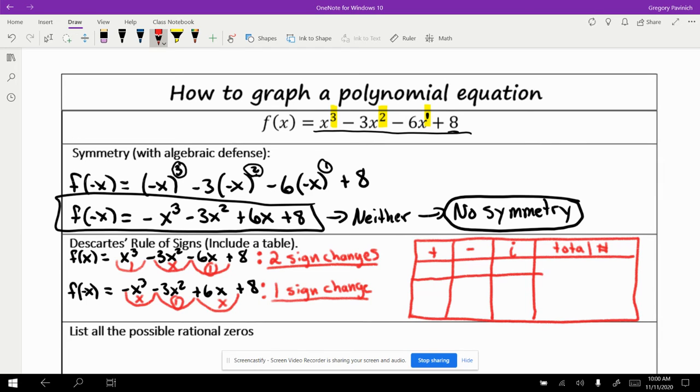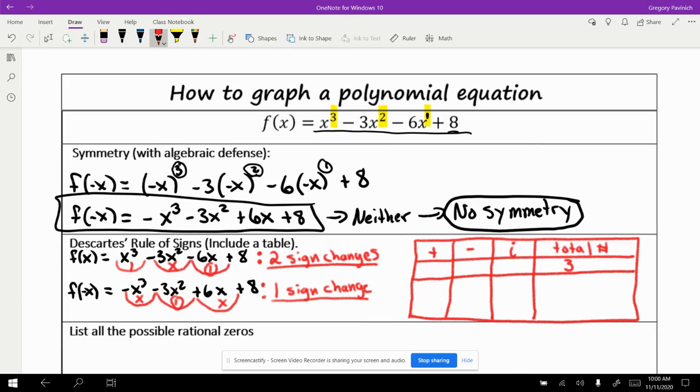So what is the degree of my polynomial? It's 3. So every time I'm going to come up with these combinations of possible positive, negative, or imaginary solutions, they have to total 3. Okay, so the first time that I go through these, my sign changes will usually predict with no imaginary solutions.